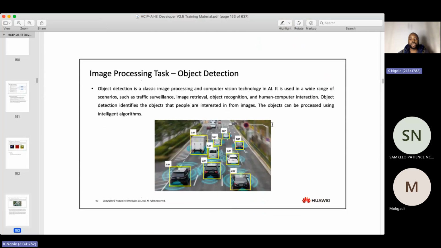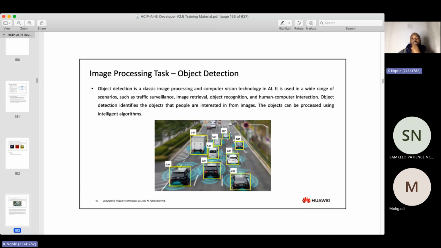This is how we can do an image processing task where we have object detection. Object detection in AI is where an image can be analyzed by the machine and it can detect different objects in the same image, instead of just having one image which represents one thing.